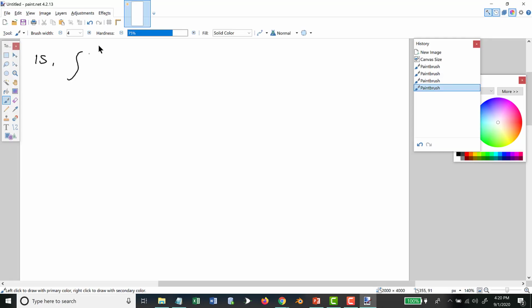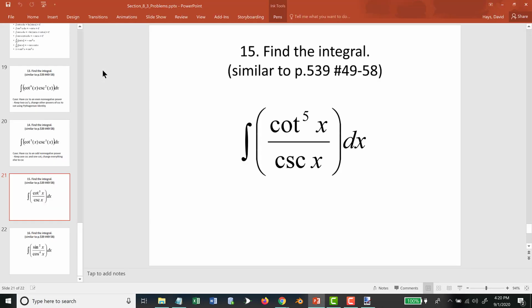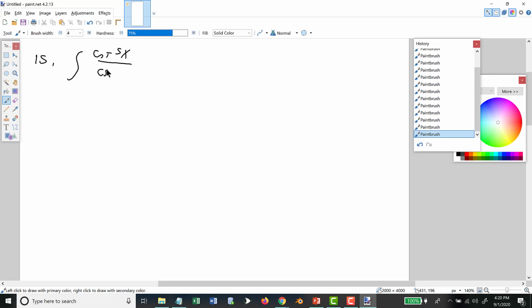Integral of cotangent to the 5th over cosecant dx. Cotangent is cosine over sine, so that's cosine to the 5th power x over sine to the 5th power x, all over cosecant, which is 1 over sine, dx.